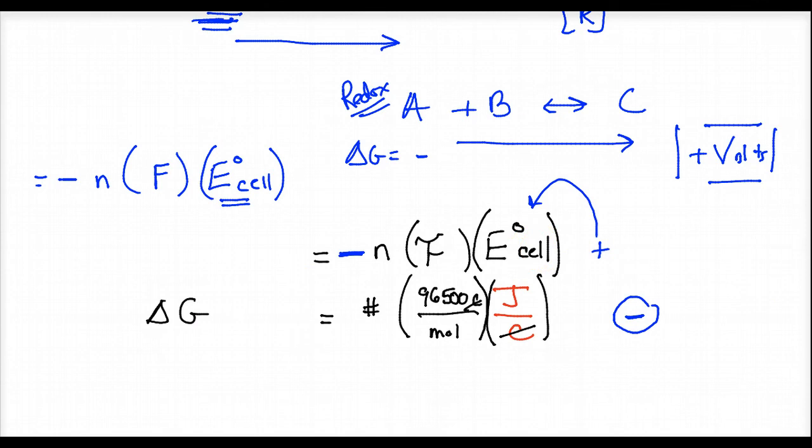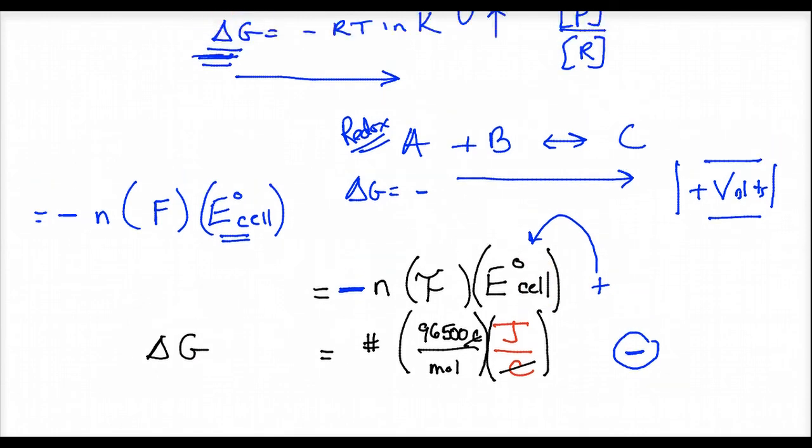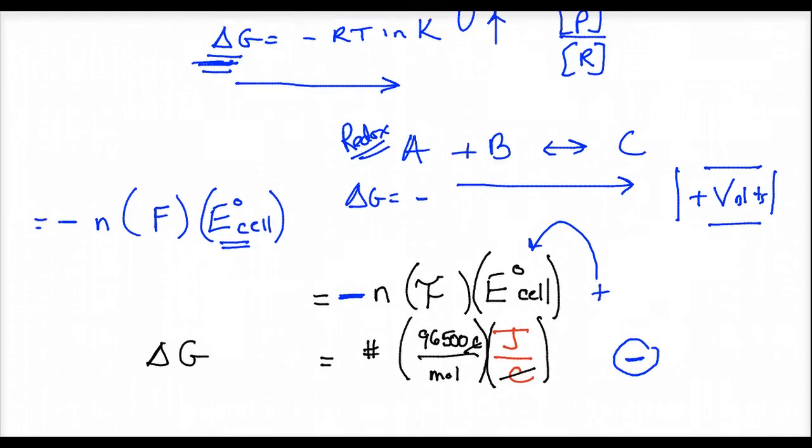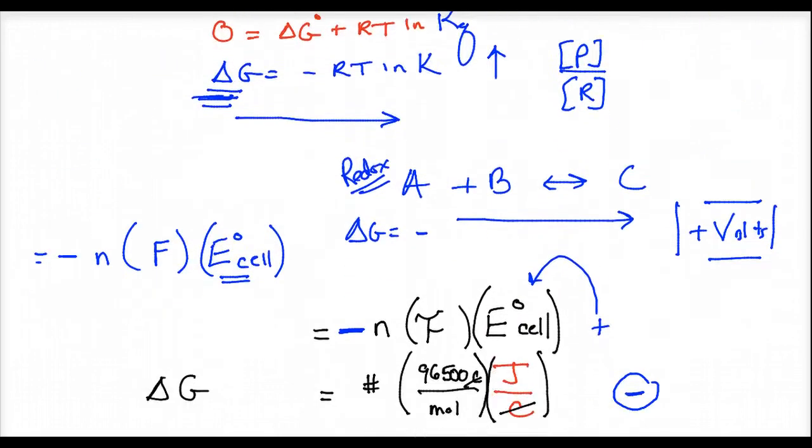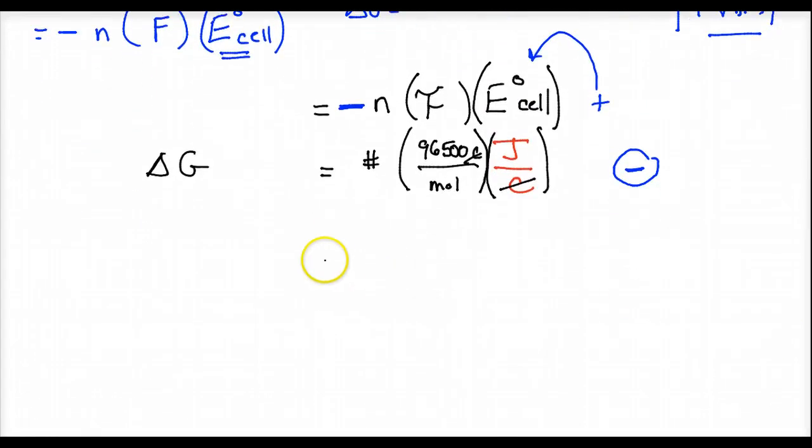Okay, but we're not there yet because I still need one more equation. Some people can look at this and say, well, there's one more equation to this before we get started, so we can do that. I can set this negative nFE, fancy F, and I'll start again.